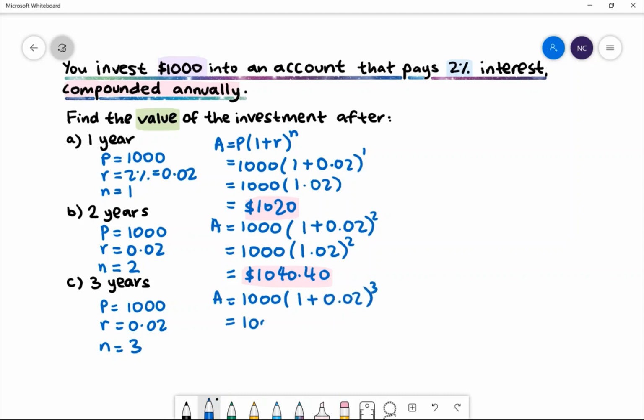This gives 1,000 bracket 1.02 to the power of 3. The amount after 3 years will be $1,061.21. Additionally, we can label our amounts A1 for the amount after 1 year, A2 for the amount after 2 years, and A3 for the amount after 3 years.